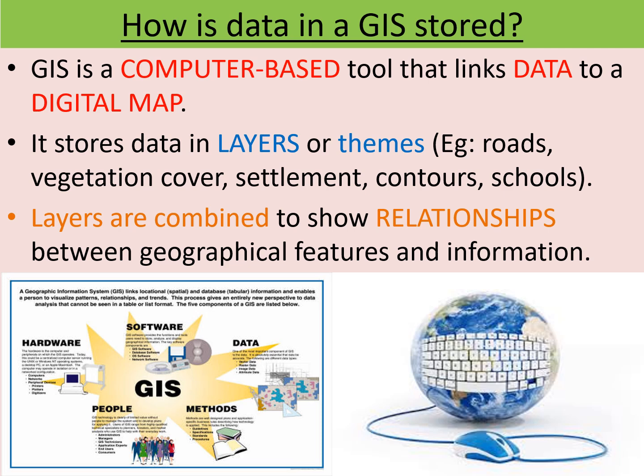For example, there could be a layer on road and transport infrastructure. A different layer could be information or data on schools, for example. This GIS is able to combine these layers in order to show the relationship between geographical features and information.